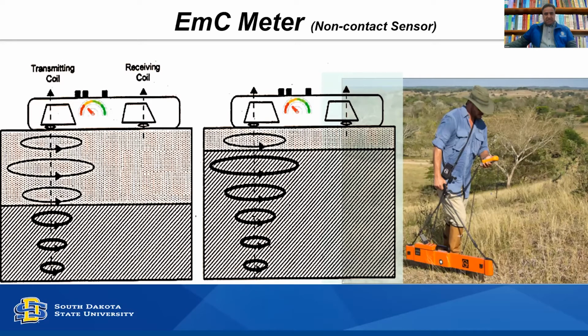Another machine is the non-contact sensor, which has no contact with the soil, sending an electromagnetic wave into the soil, and from there we measure the EC. The collected data from these 2 machines are similar.